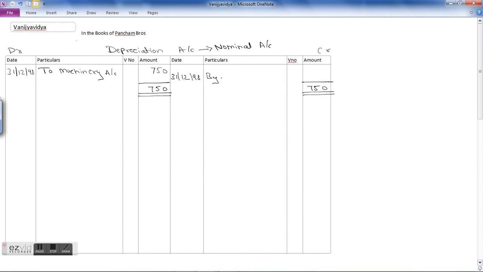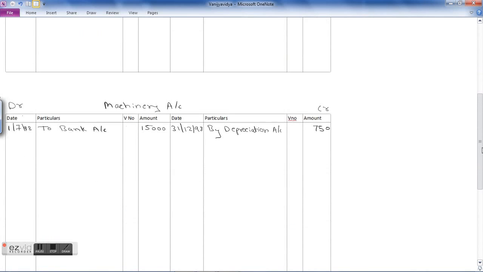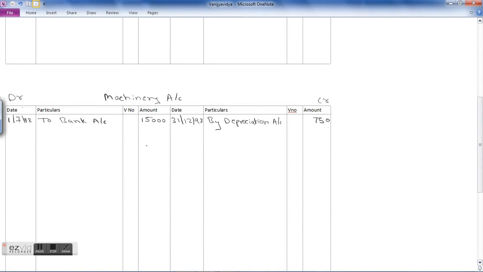So I'll put it as by profit and loss account. Instead of balance carried forward and brought forward, you have to transfer it to profit and loss account. So when depreciation is transferred, the entry will be profit and loss account debit to depreciation. So this is transferred.